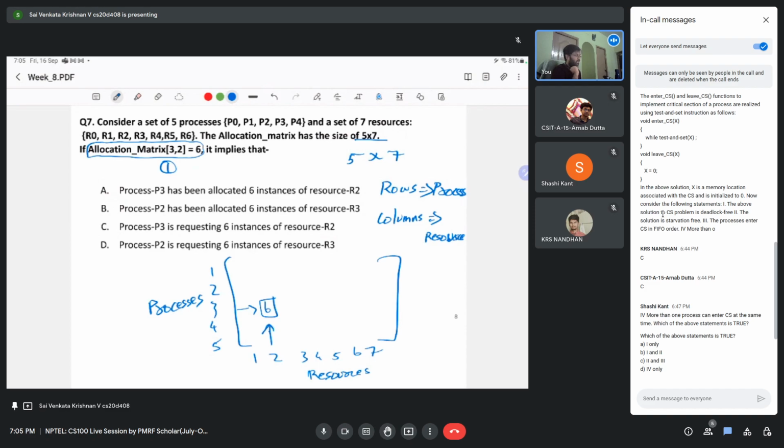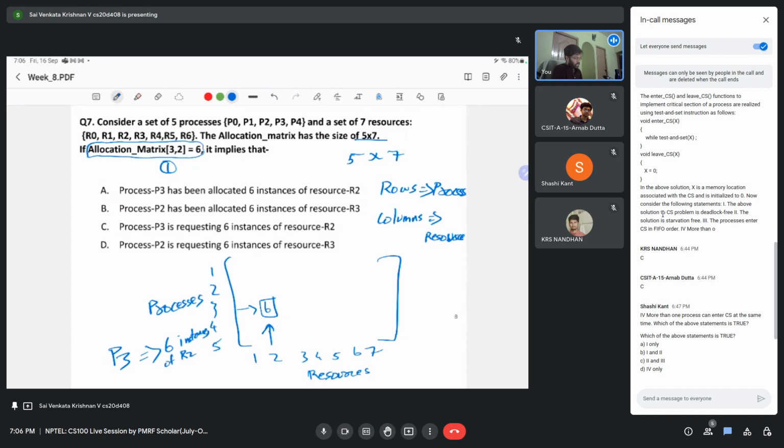So what does this mean? This means process P3 has been allocated 6 instances of resource R2.